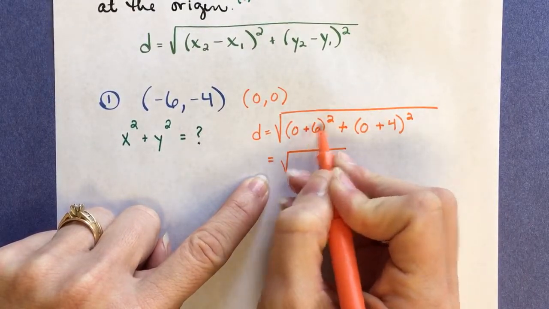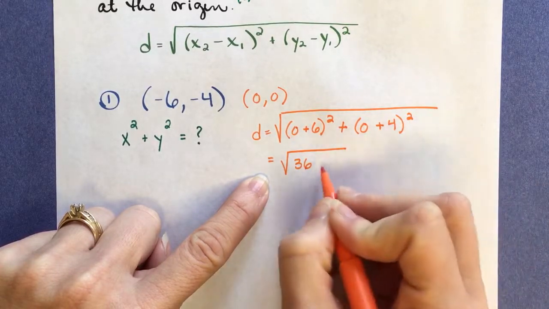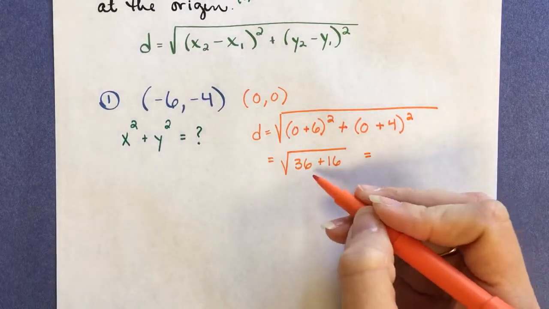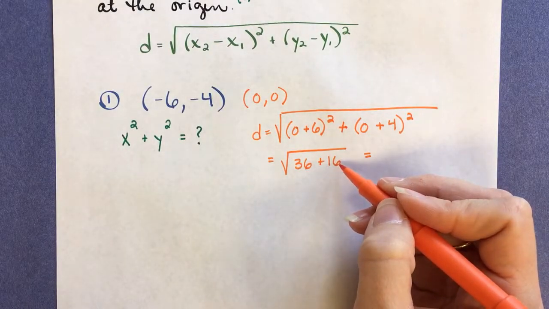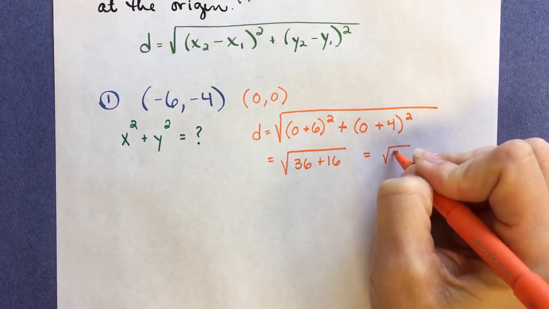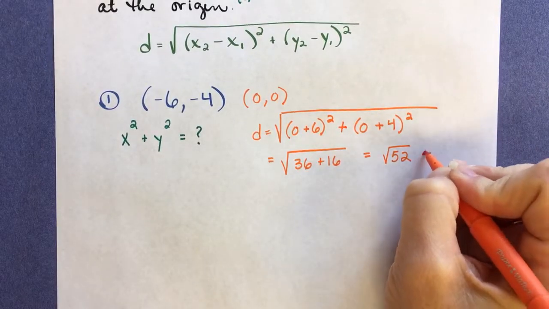Okay, so this is 6. 6 squared is 36. This is 4. 4 squared is 16. Okay, so if I add 36 and 16, I get 52. So I have square root of 52. Now, this is your radius.